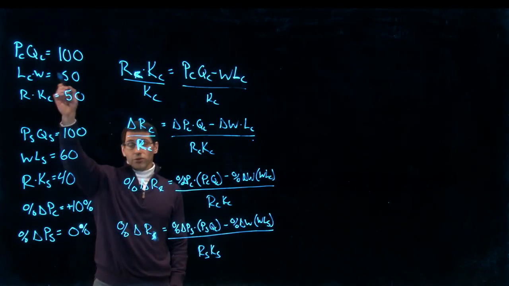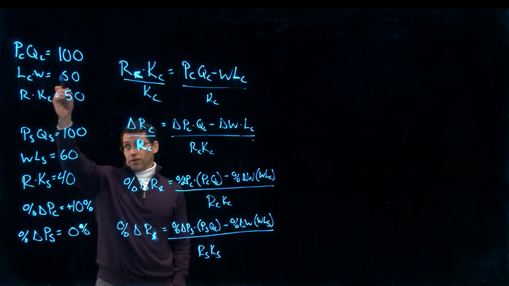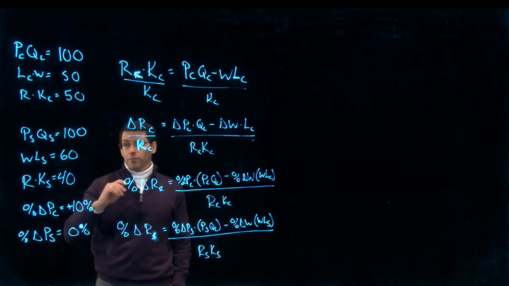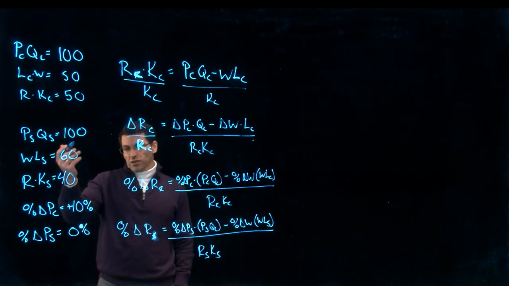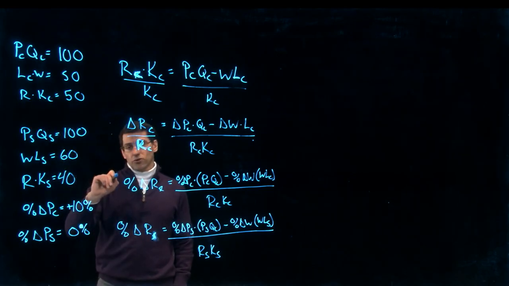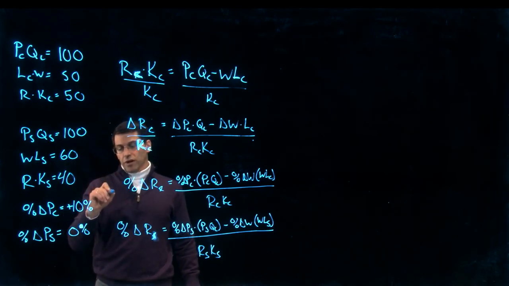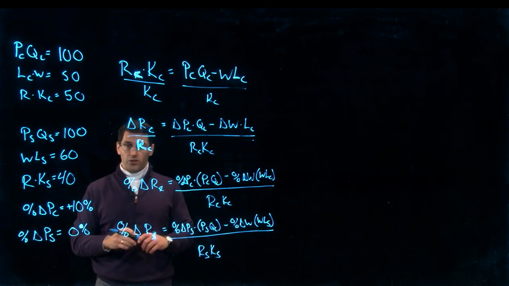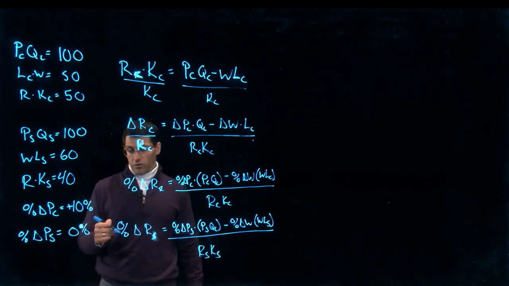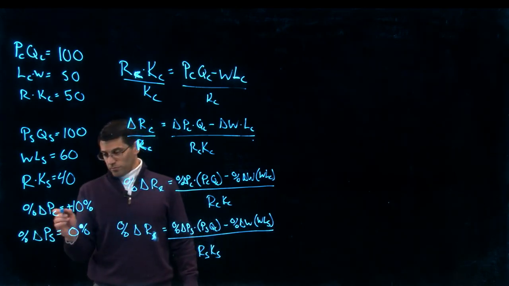Total revenue in computers is 100. Out of that 100, $50 is paid to labor, 50 to capital. Keep things easy. Total revenue in the shoe sector is also 100, but here, $60 is paid out in wages and $40 is paid out in rentals to capital.